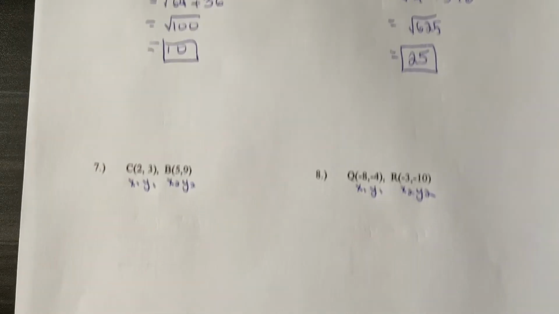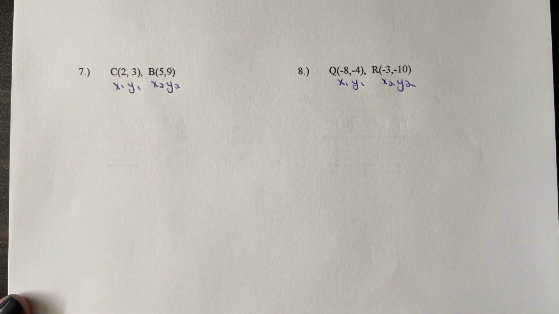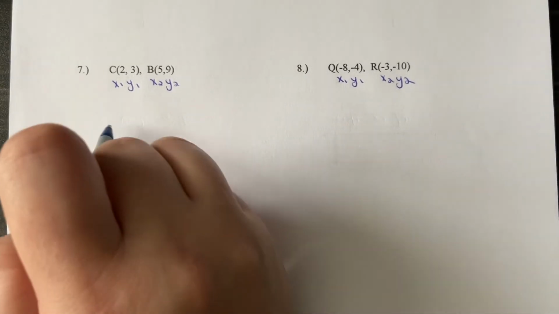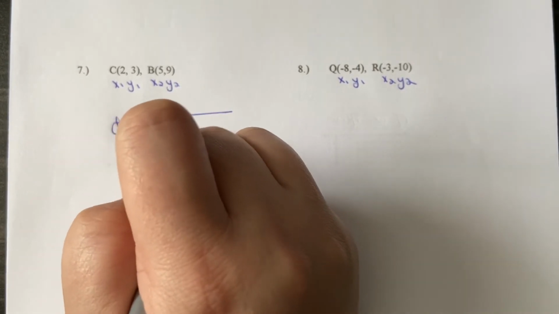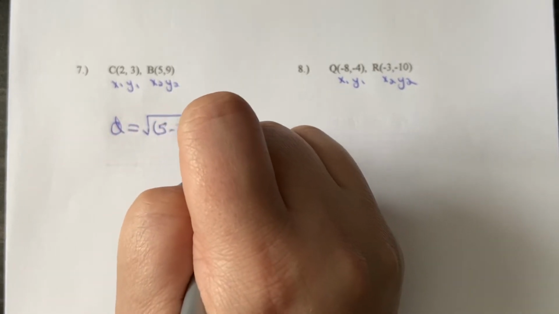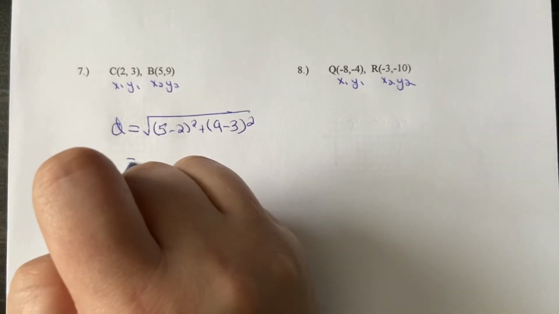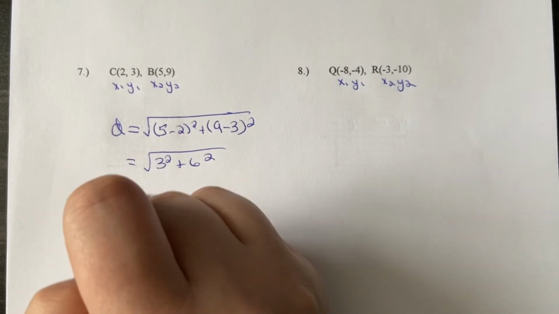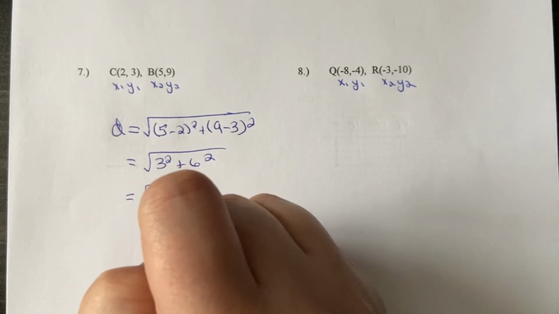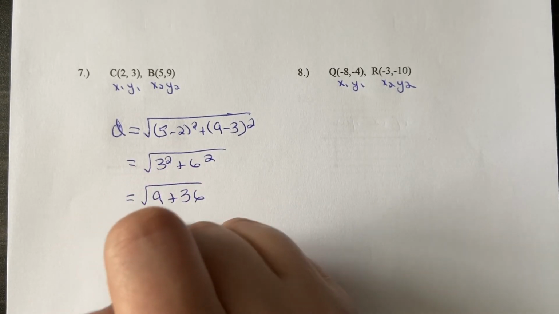Okay, number 7, same thing. I have 5 minus 2 squared plus 9 minus 3 squared. So that is 3 squared plus 6 squared, or 9 plus 36, or the square root of 45.